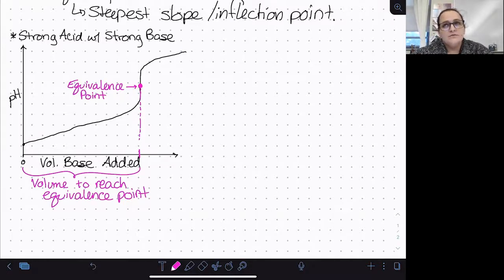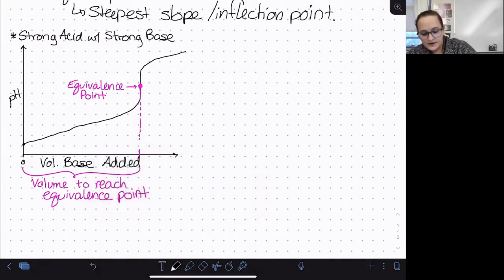So if we didn't have a pH indicator available or we didn't know what an appropriate pH indicator to choose would be, as long as you have a pH meter and you can graph the pH versus the volume of base added, you can identify your equivalence point this way and get your volume in a different way.